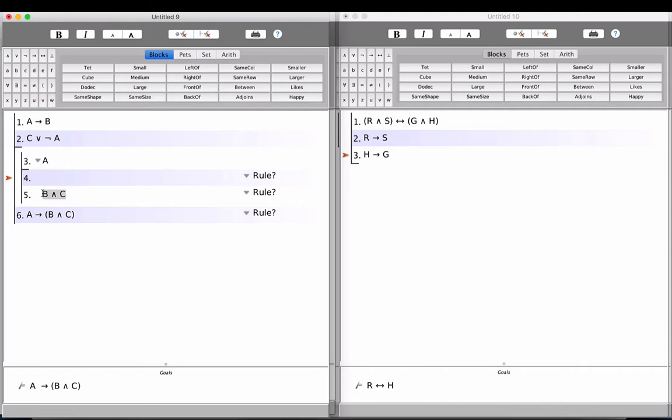So working backwards, if somewhere in my proof I have B, and if somewhere in my proof I have C, I can then conjoin them to say B and C. So then the question becomes, well, how do I get B on its own? How do I get C on its own? Well, in order to get B on its own, I eliminate the conditional at line 1 by lines 1 and 3, which we already discussed.